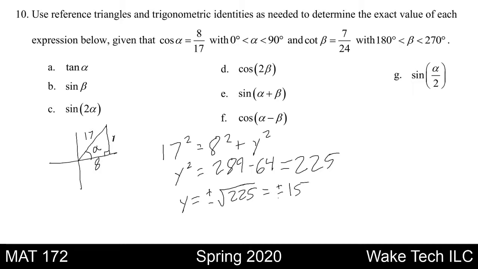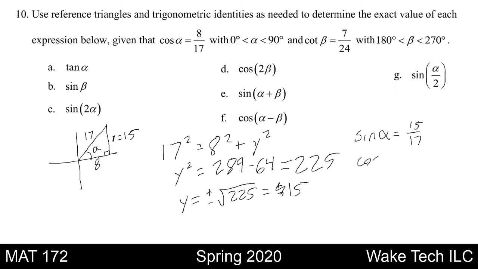And our question is, well, is it plus or is it minus? Well, it's a y value in the first quadrant, which has only positive values, so it's only positive. So our y is 15. Then we can figure out some trig functions of alpha. So for instance, sine of alpha is just equal to opposite over hypotenuse, or 15/17.